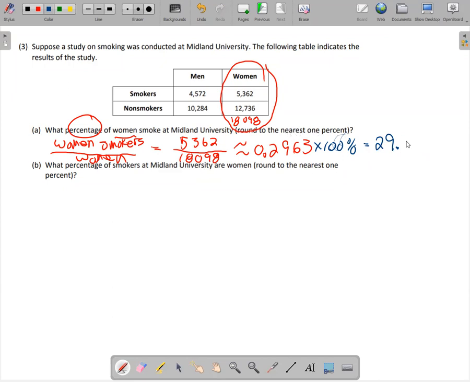What's the nearest whole percent here? 30%. It's the nearest 1%. 6/10 rounds the 9 up to a 10, bumping the 20 up to a 30. So it's about 30% of the women here smoke.